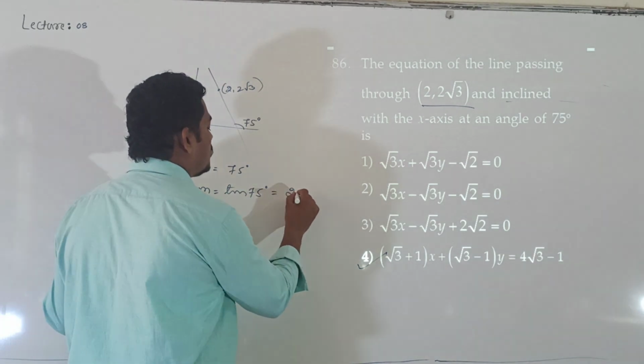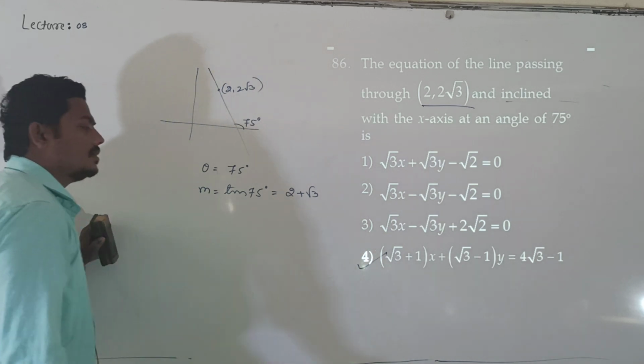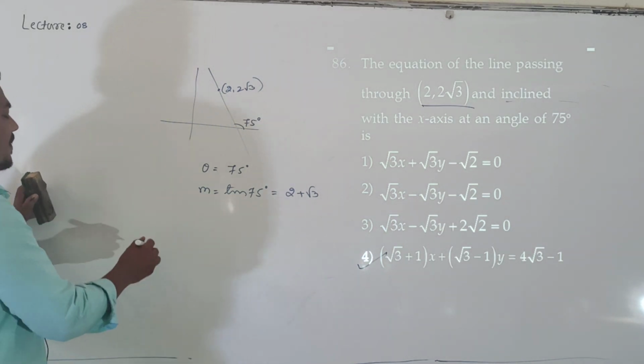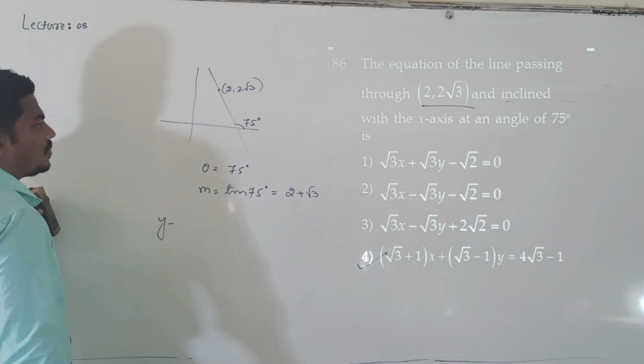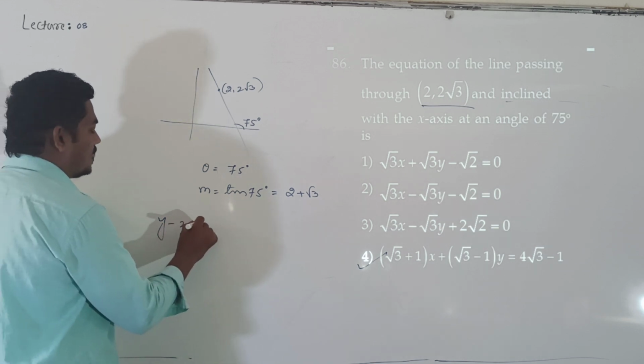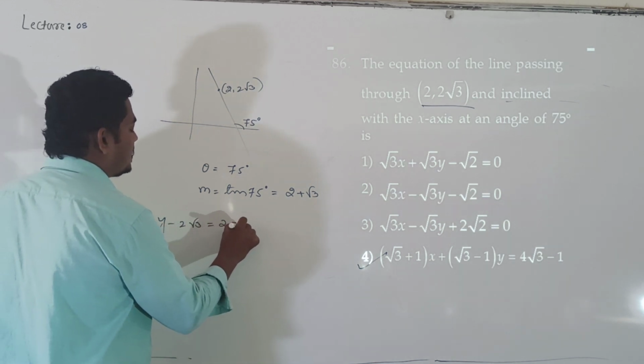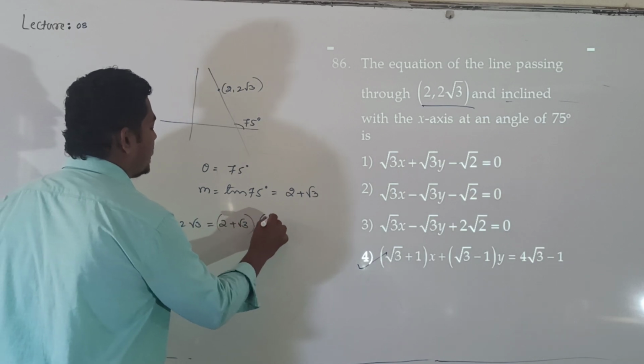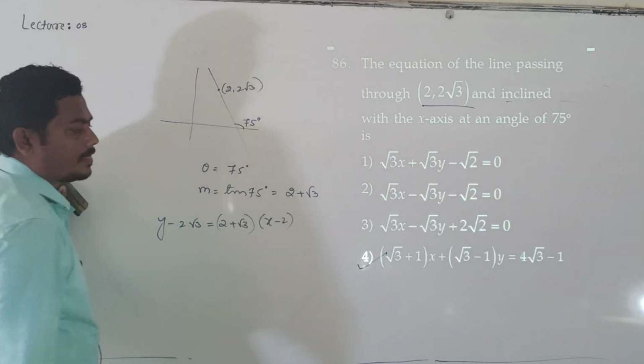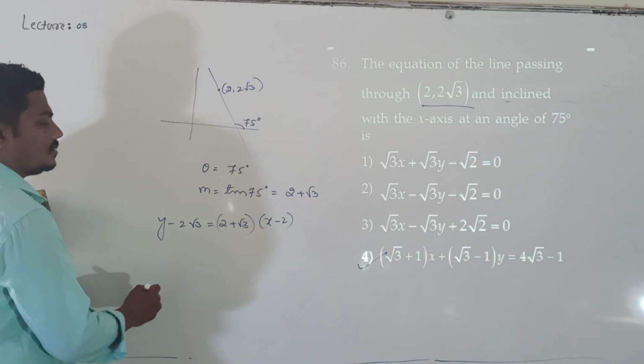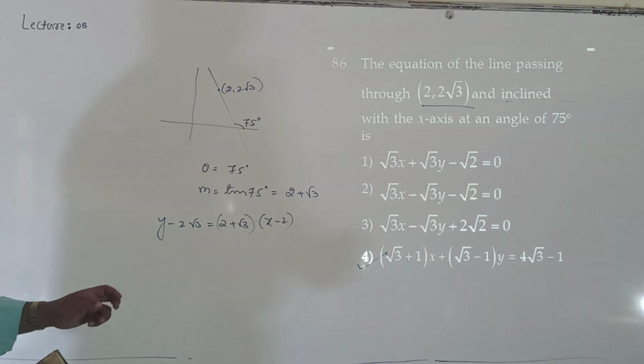Tan 75 is 2 plus root 3. You get slope and point. Then use the slope point formula: y minus 2 root 3 is equal to 2 plus root 3 into x minus 2. Then the usual simplification.